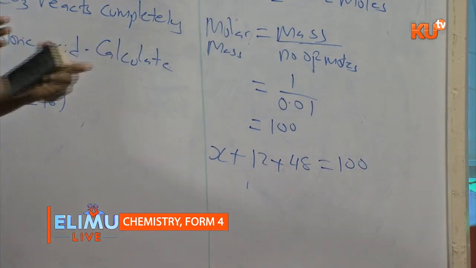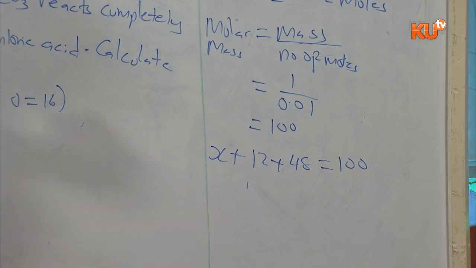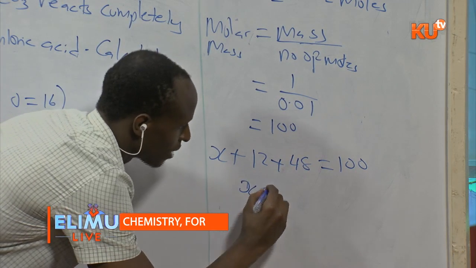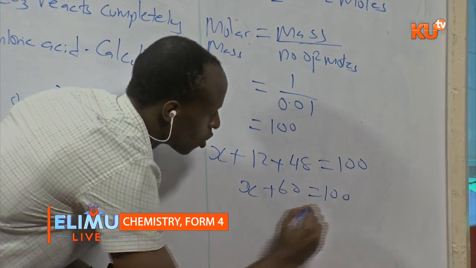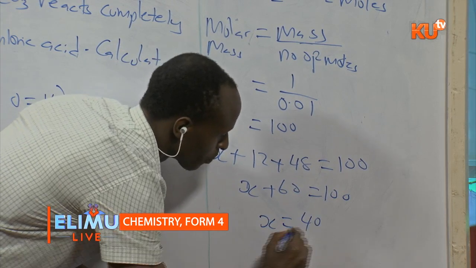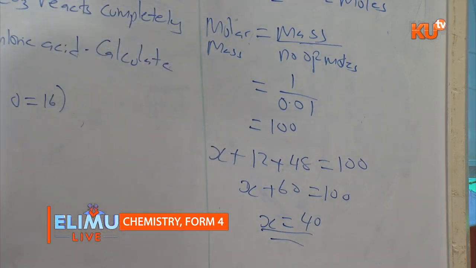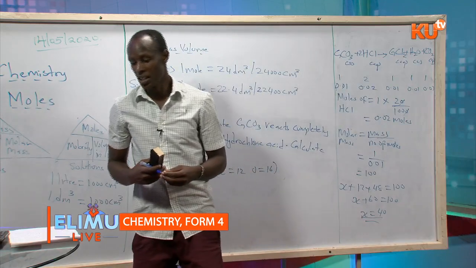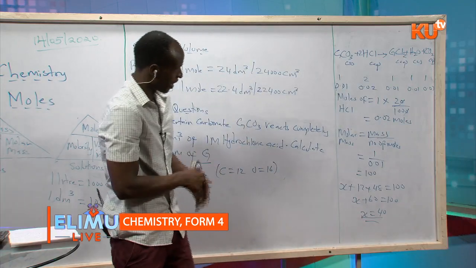Because the whole mass of G carbonate is 100. Then this is an equation, so it becomes X plus 60 to be 100. So automatically X is 40. So it means the RAM of G is 40.